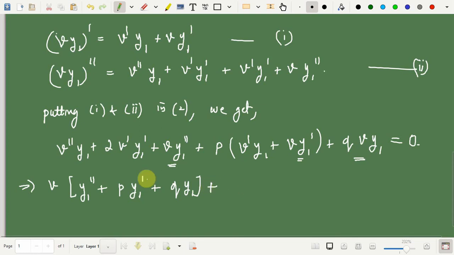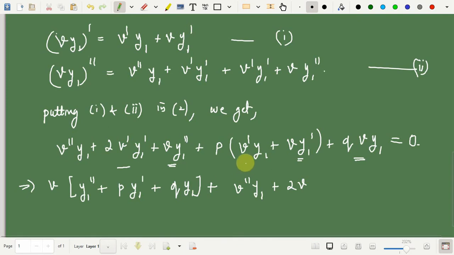What is remaining: v double prime y1, plus from here 2 into v prime y1 prime, and from here p v prime y1.